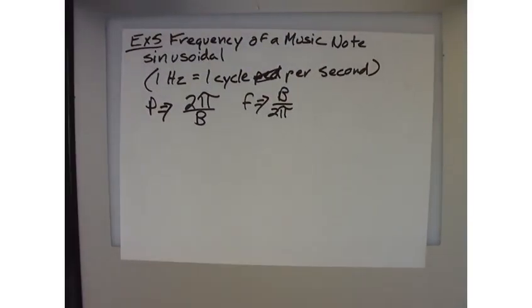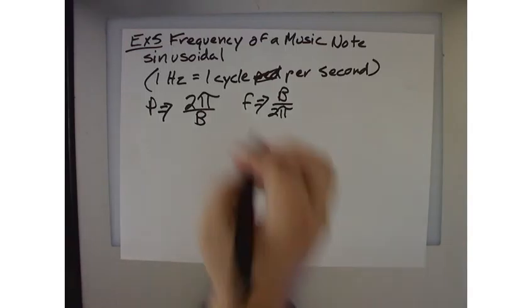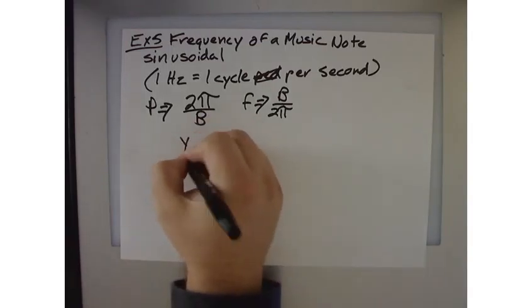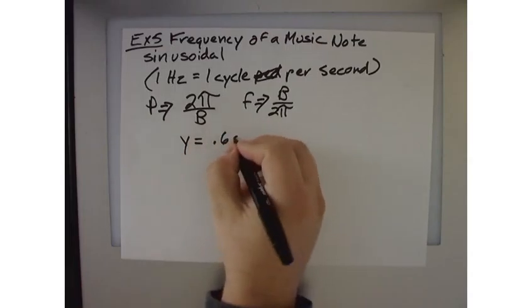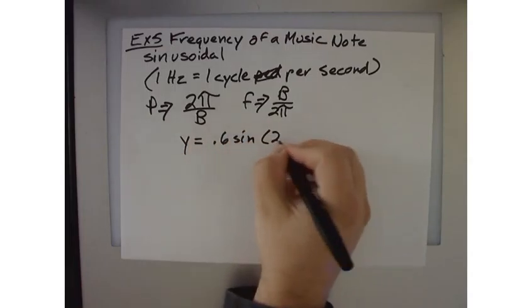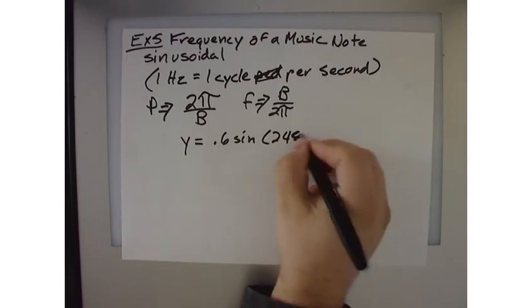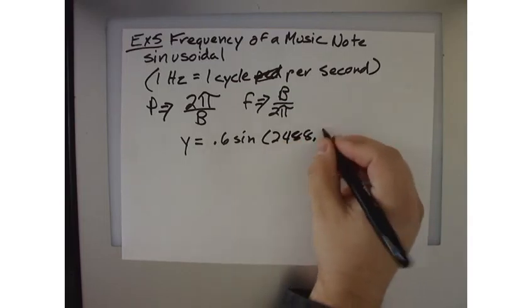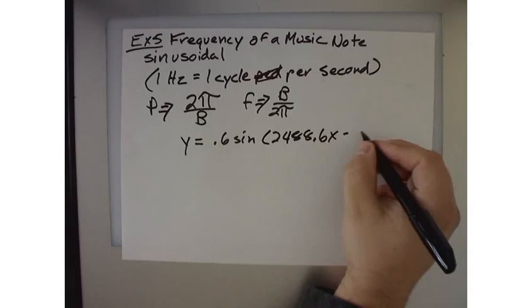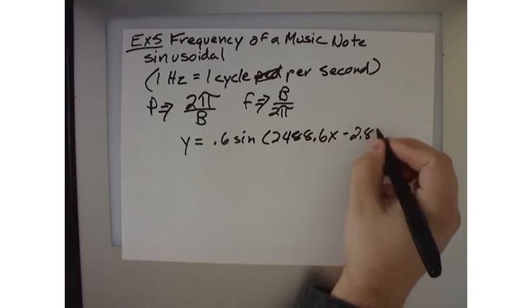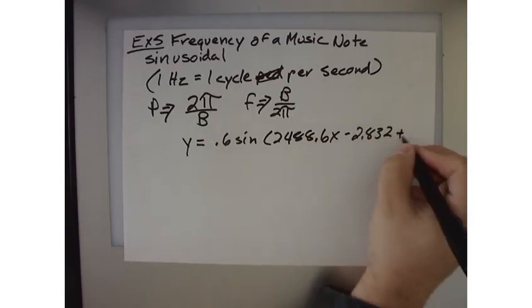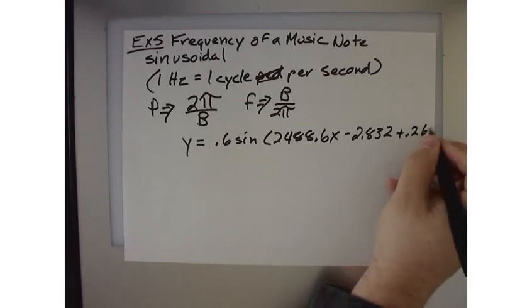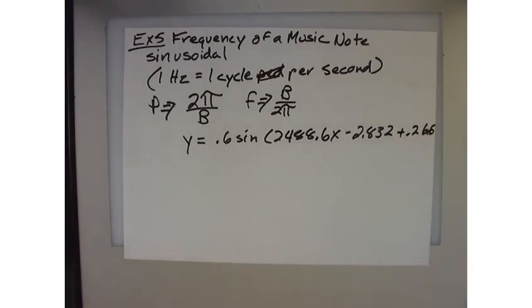So part A says, find the sinusoidal regression equation. And so that is given to us. It's y equals 0.6 sine of (2488.6x minus 2.832) plus 0.266. Okay? And that is just done by a calculator.